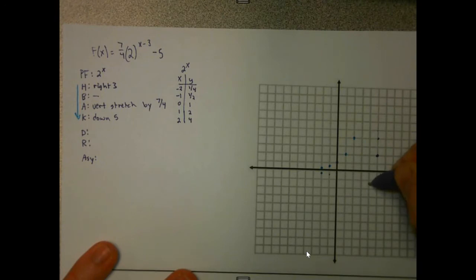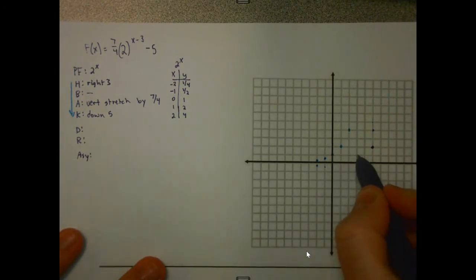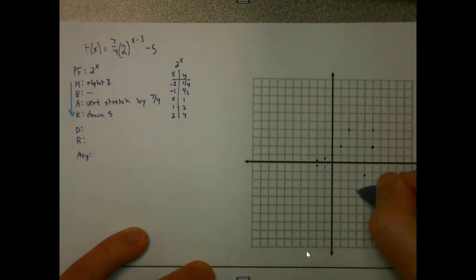Okay. So we go right 3, 1, 2, 3, multiply it by 7 over 4. So 1 times 7 over 4 is 7 over 4, which is almost 2. So right here, and then down 5. So 1, 2, 3, 4, 5.